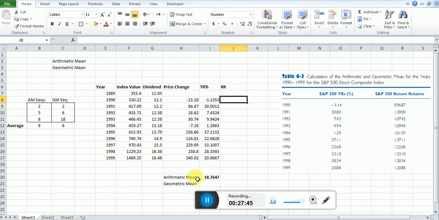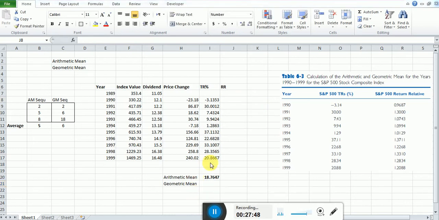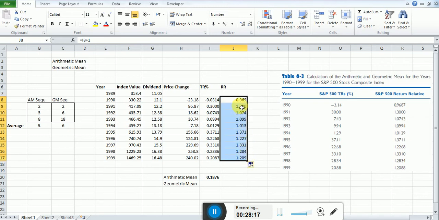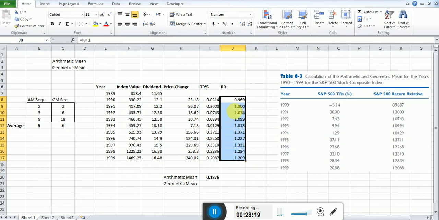For return relative, we just add 1 to all these values. First we multiply all the values by 100, remove that, just have the value without 100%, and now you have to add one to all these values. Now just drag it down. Now we have all the values positive.